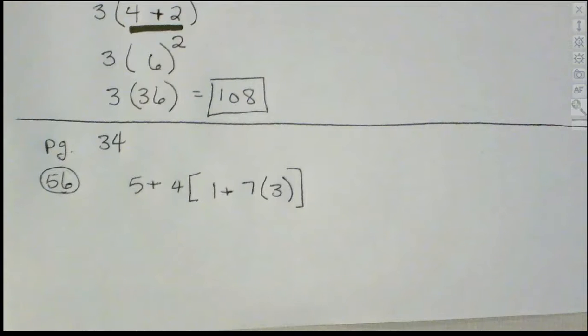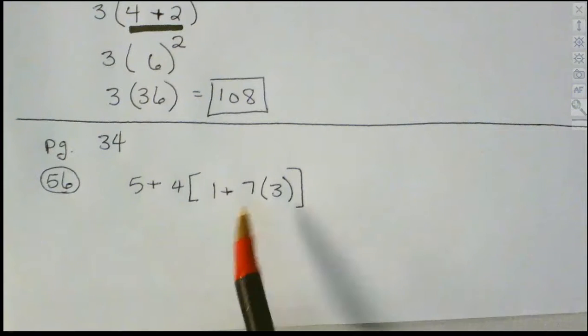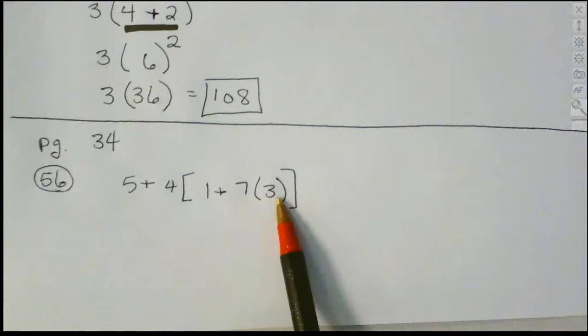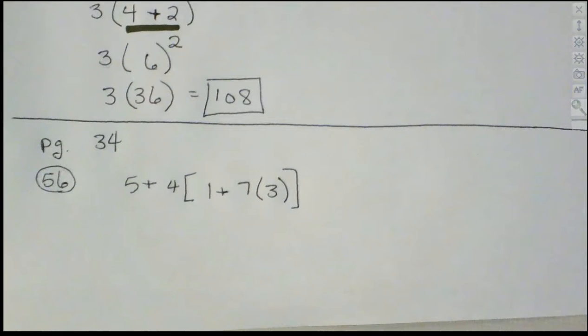So if I gave you this expression to work through and simplify down, first thing we need to do is, we've got our square brackets, and inside we've got multiplication. They use the parentheses to denote multiplication. So the first thing that I would do is work on the inside and then work our way out.